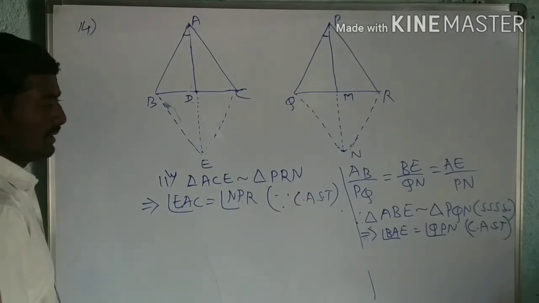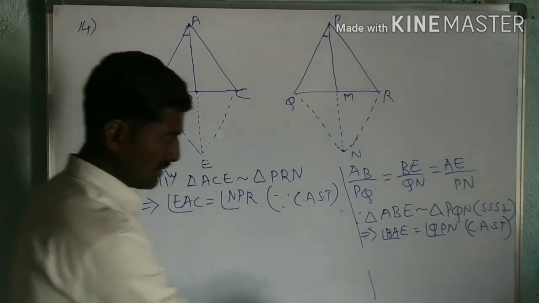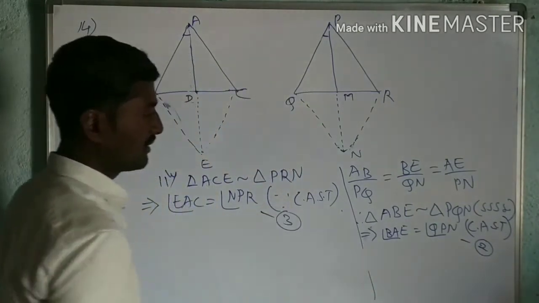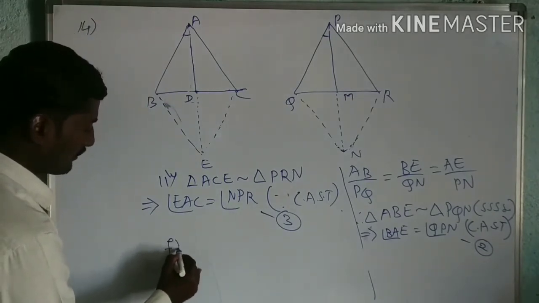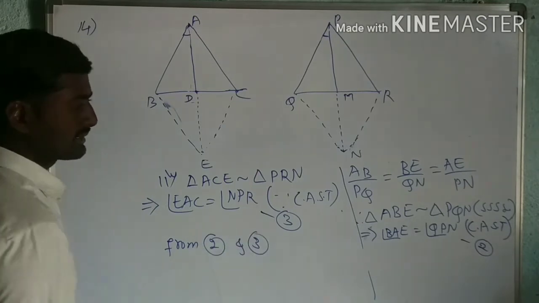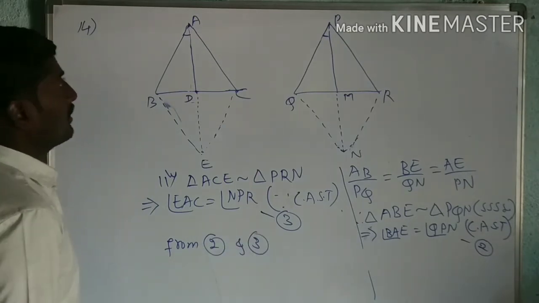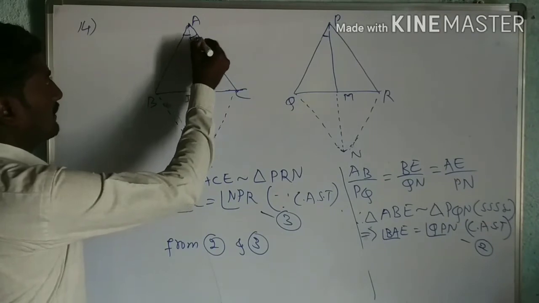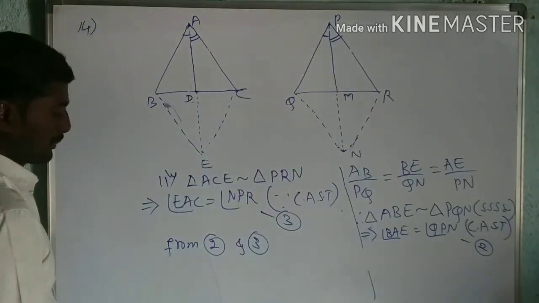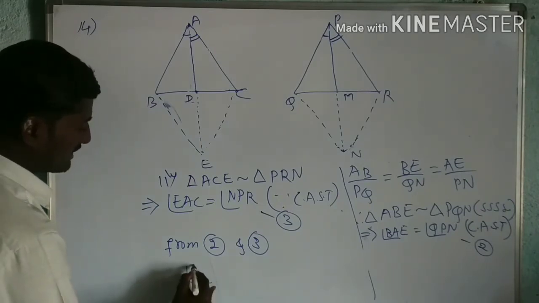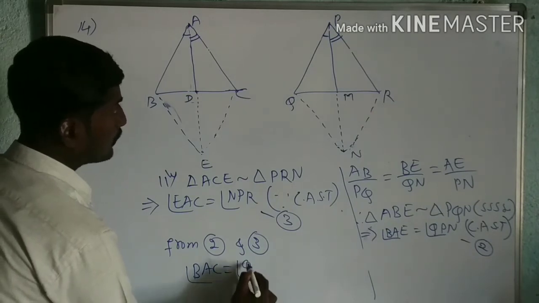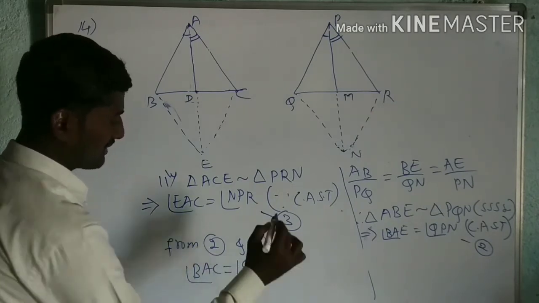Now, you can take this as equation number 2 and I will take this as equation number 3. From 2 and 3, these two angles are equal. Can I write angle BAC is equal to angle QPR?